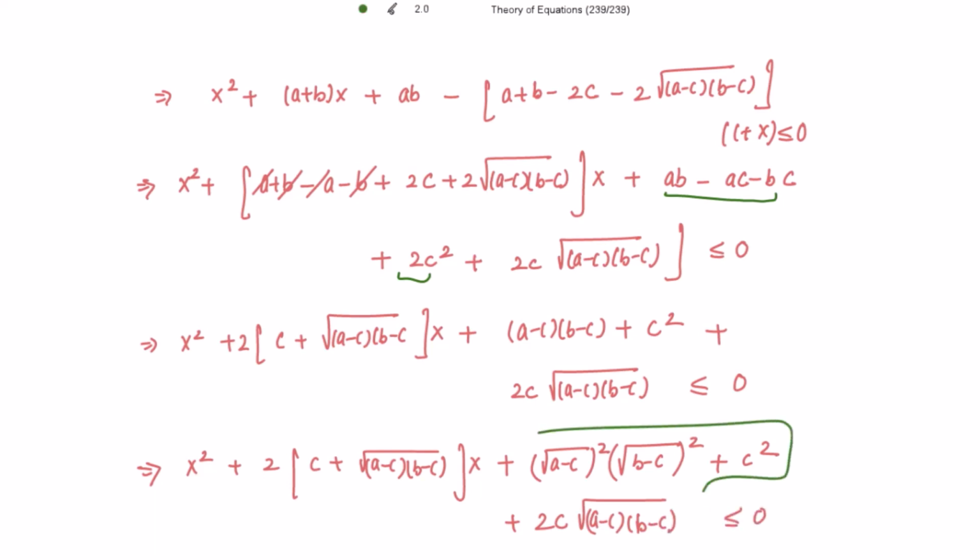This is your formula, that is (a − c)(b − c) + c², right?